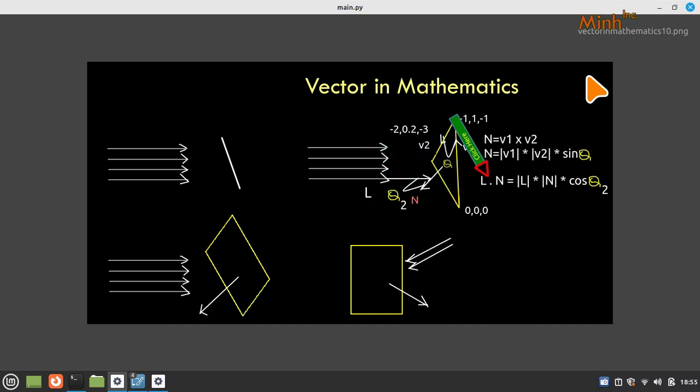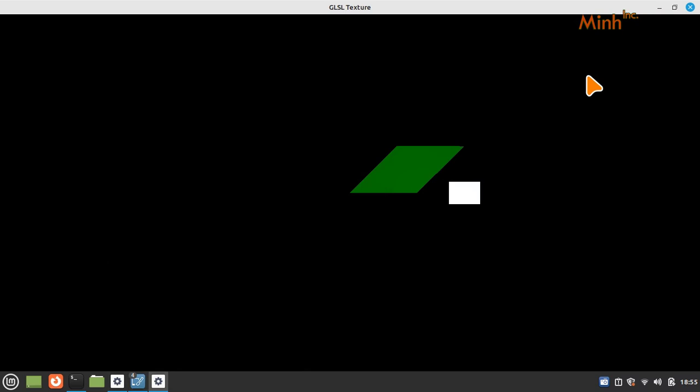Then L dot N: if both are in the same direction, then we receive maximum light. If L moves, then minimum. What about if this guy moves? This guy is also rotating, and there is no light.